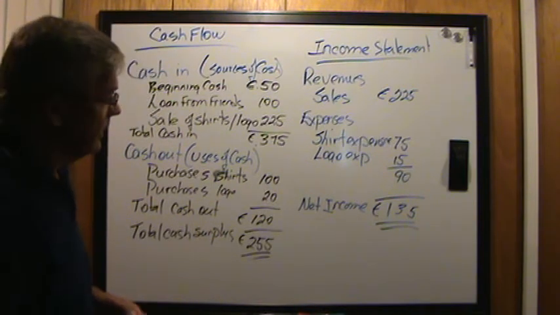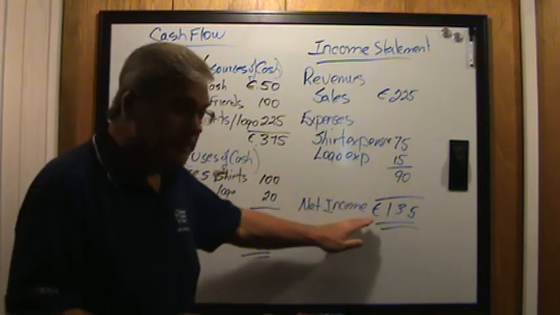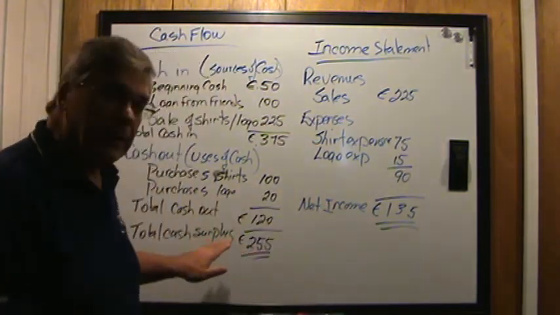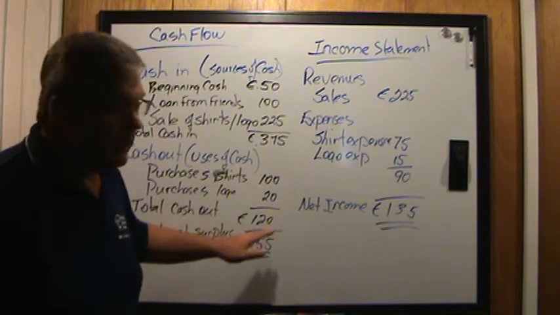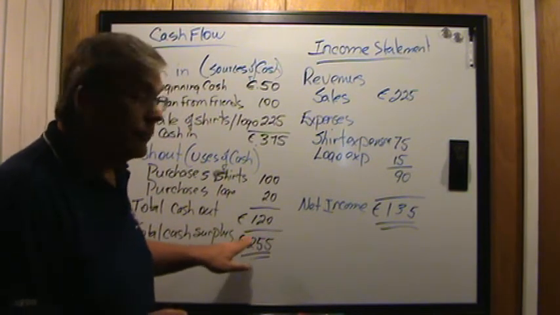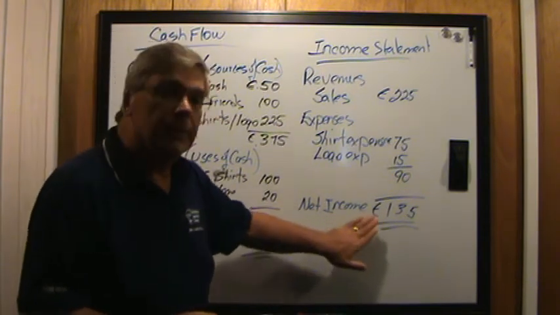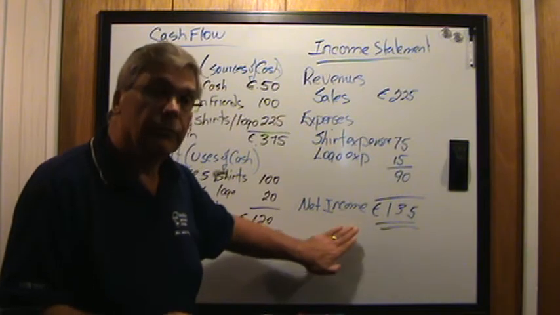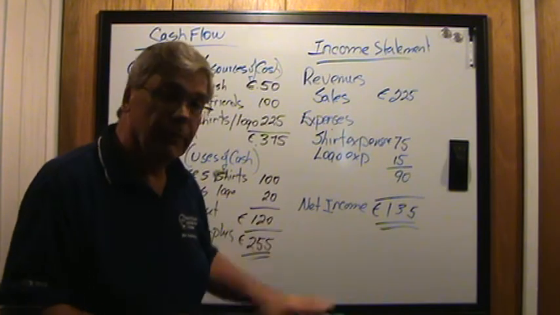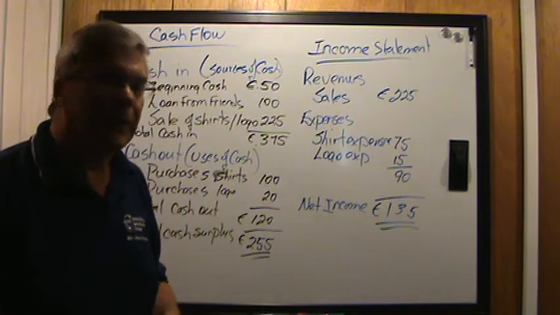But before we do that, let me reinforce again the difference between net income and cash surplus, or if you like, deficits. So we had 255 euros of cash in the business after day 2, but our net income, our profit, is only 135 euros. Well, only. That's pretty good for 2 days of work.